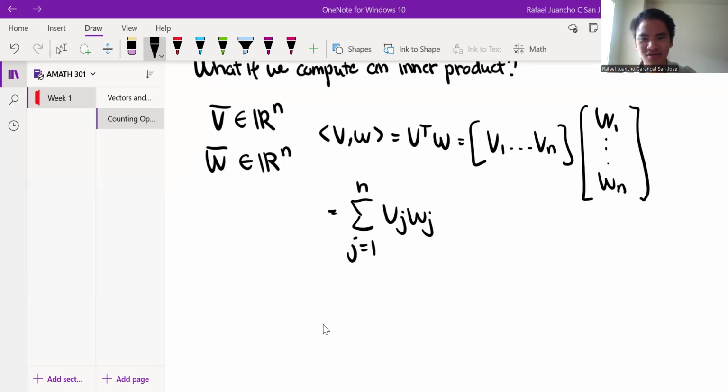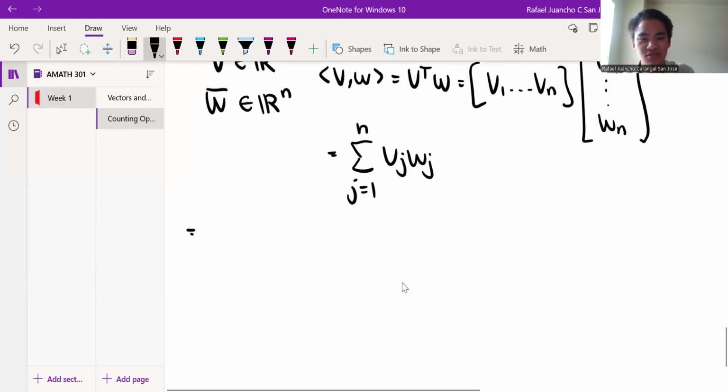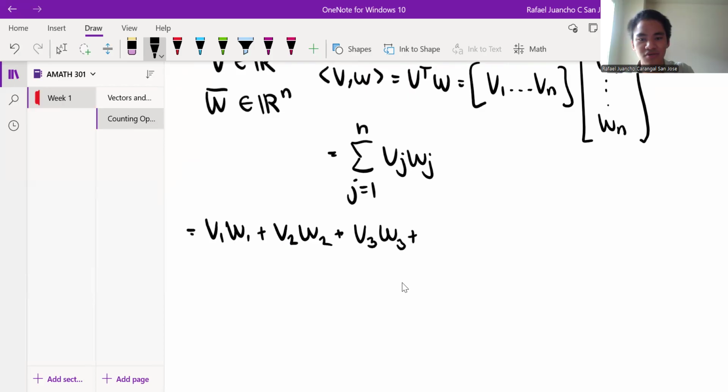Now let's actually count it behind the scenes. This is in short summation, so we're going to actually expand this summation. Let's count: v1 w1, plus v2 w2, plus v3 w3, we go all the way to v(n-1) w(n-1) plus vn wn.